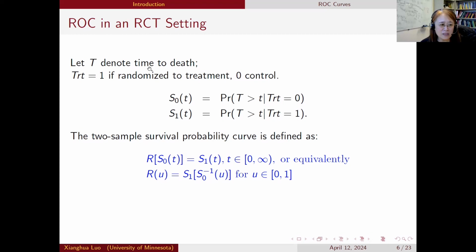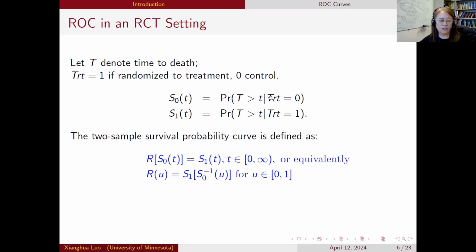So we have T to denote the time to death, and TRT for treatment. TRT equal to 1 is a patient being randomized to the treatment arm, 0 for the control arm. So S sub 0 of T is the control group's survival function, and S sub 1 of T is the survival function in the treatment group, right?